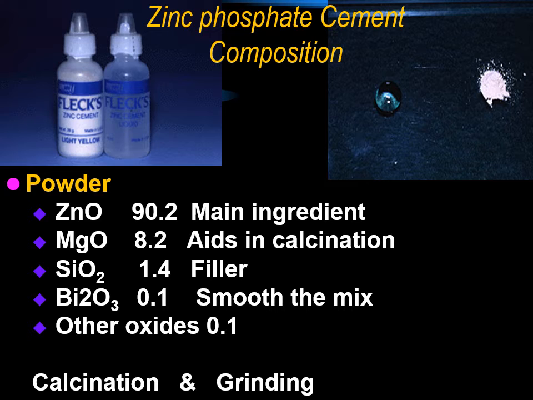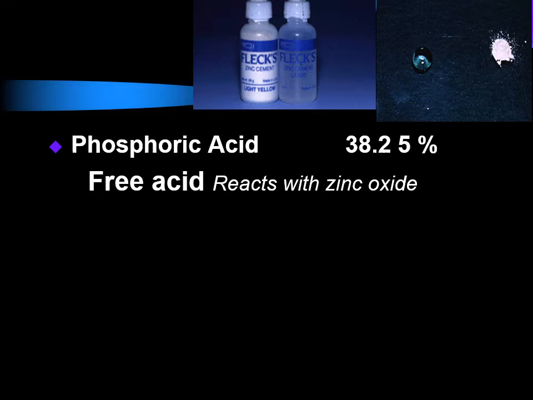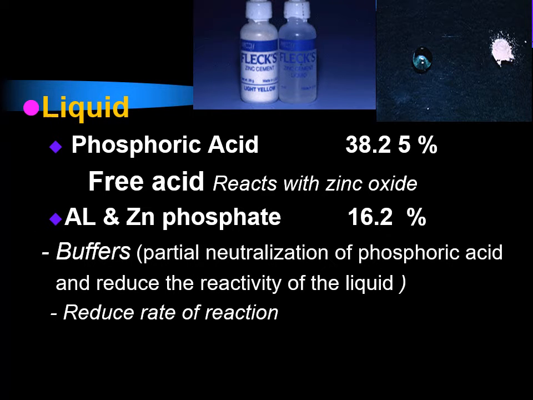So the manufacturer reduces the reactivity between the powder and the liquid by the calcination process to allow a longer working time. Also, the calcination process ensures that each particle of the powder has the same composition, which will regulate the reaction.